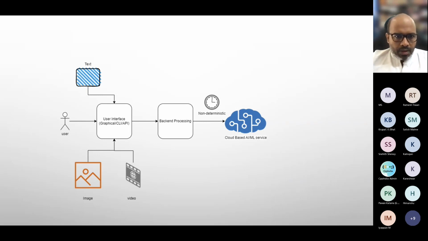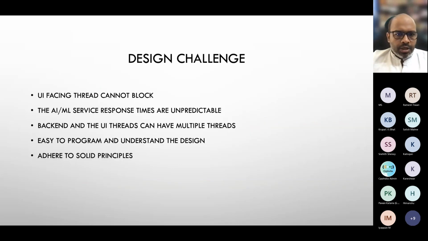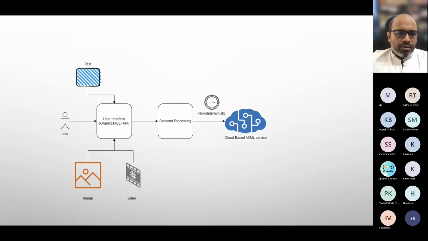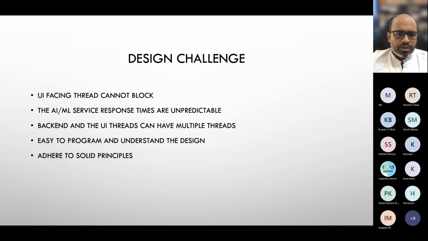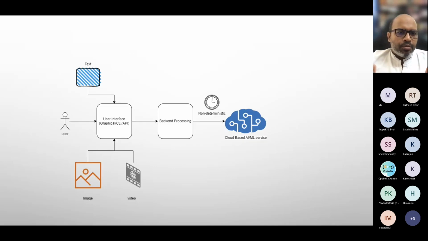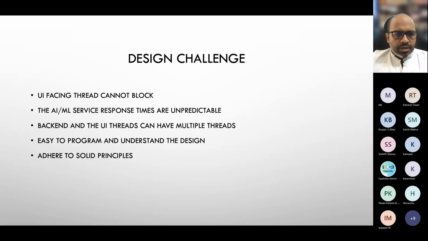So the problems here are, the first thing is the user facing component. It could be a thread, it could be multiple threads. The user facing component cannot block because it's continuously processing the user inputs in some form. The next thing is, if you have ever worked with an ML web service or ML REST APIs, you know that the response times are not very predictable.